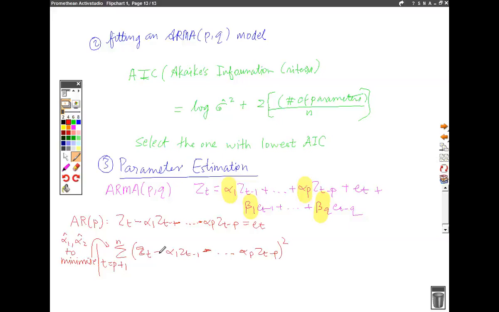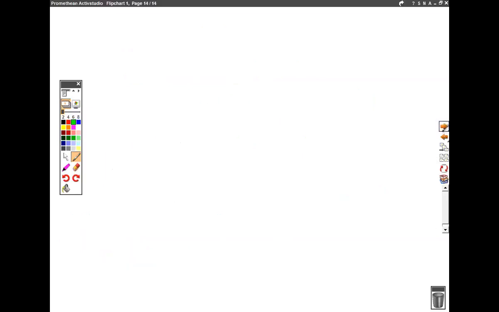So let us say you have an ARIMA model 1,1. Previously, the thing that we just did with the least squares was AR with p. There was no q, it was just 0.